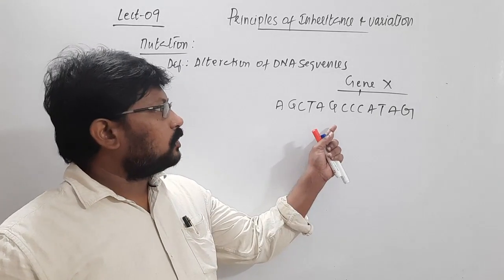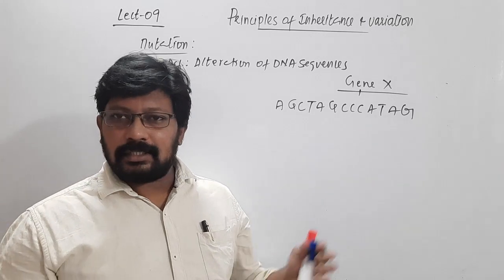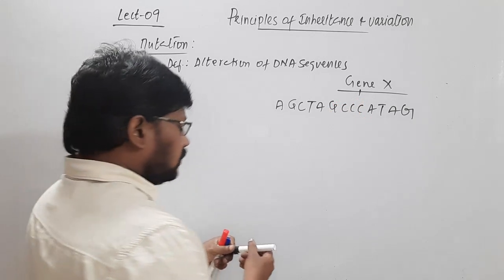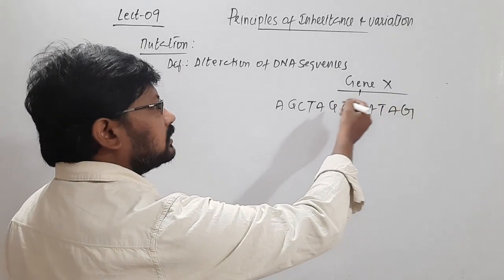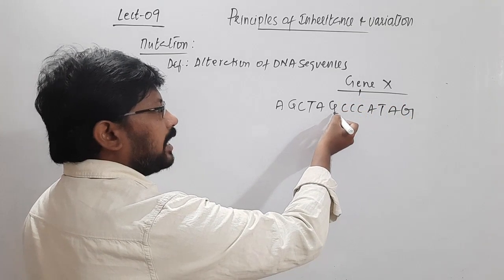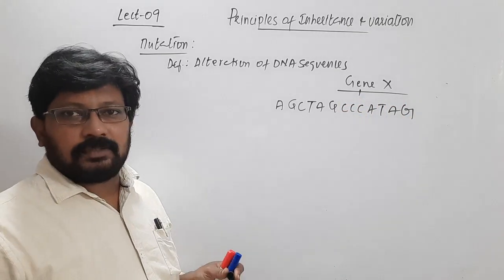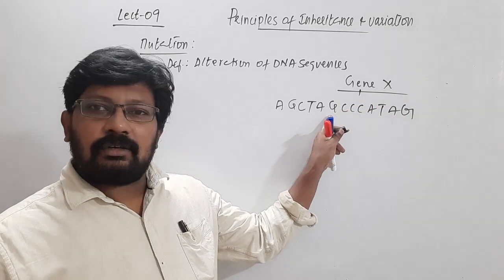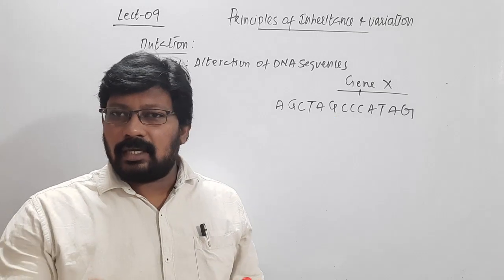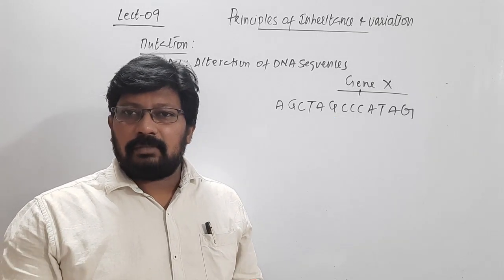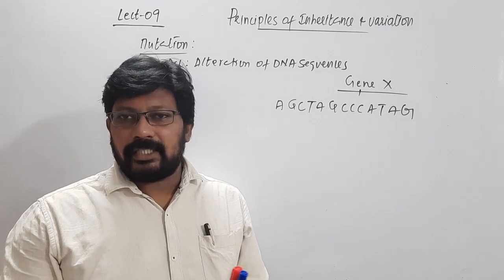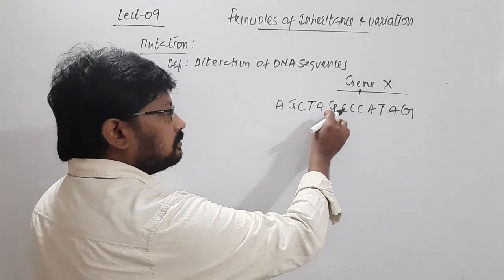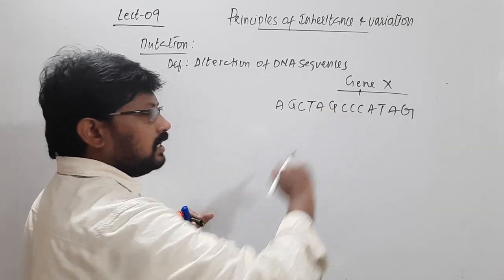Say this is the entire sequence of gene X. Now during the process of copying, sometimes some of these nitrogen bases will change. If you consider guanine, it may change into adenine, thymine, or another nitrogen base. And in some cases these nitrogen bases may be deleted or added.